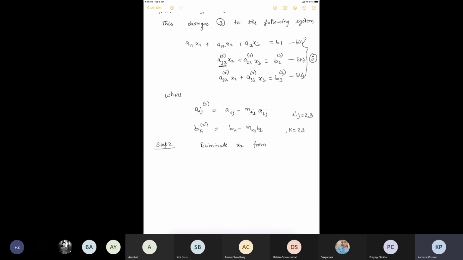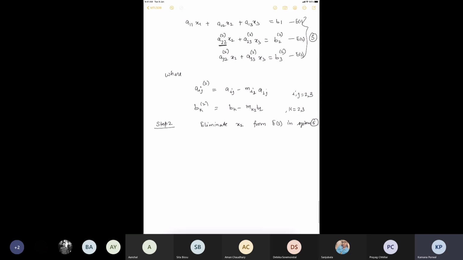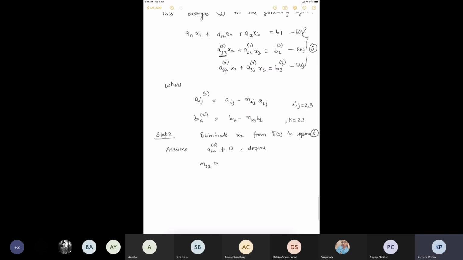So eliminate x2 from E3 in system 5. So for that, we assume that A22, 2, this is not equal to 0, and define the multiplier M32 as the ratio of A32 with the A22.